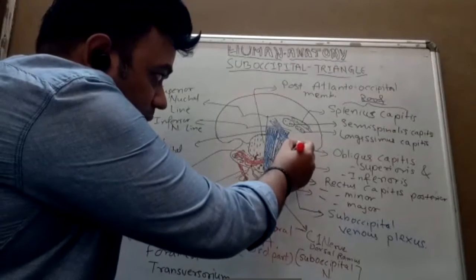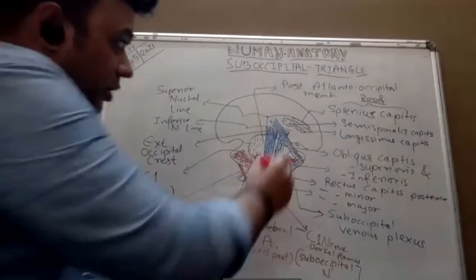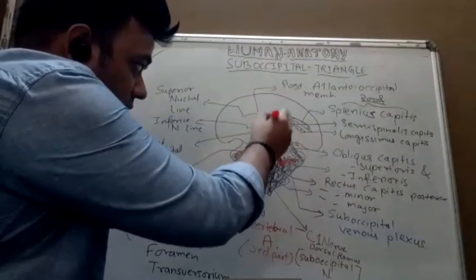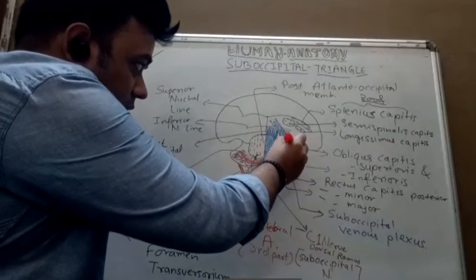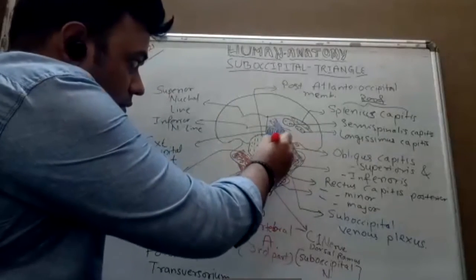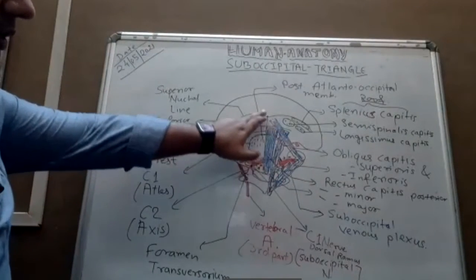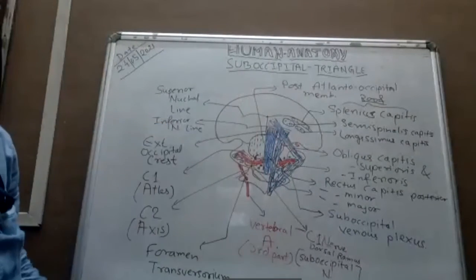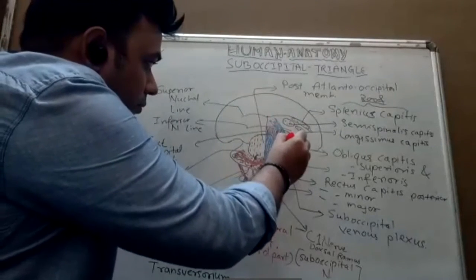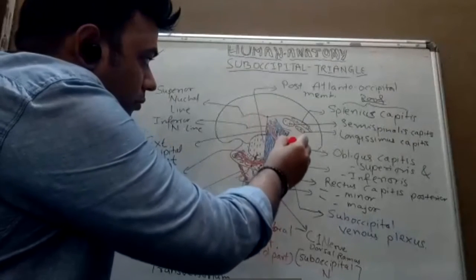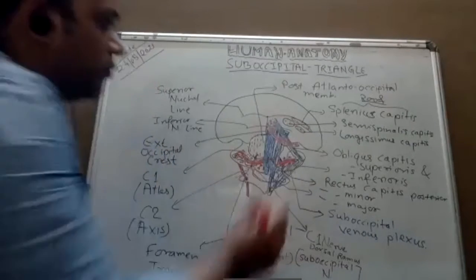So it will come posteriorly and run over the occipital bone between the muscles. So it will cross the superior angle of the triangle. Can you see? The occipital artery is crossing the superior angle of the suboccipital triangle. Okay. Fine.